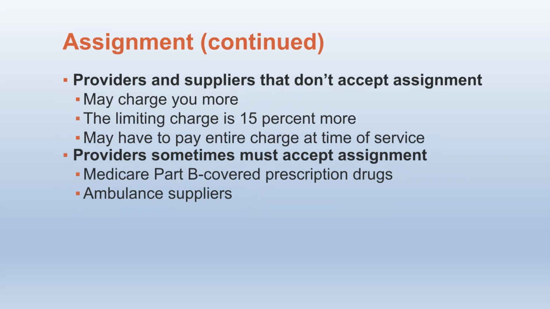Non-participating providers haven't signed an agreement to accept assignment for all Medicare covered services, but they can still choose to accept assignment for individual services. Here's what happens if your doctor, provider, or supplier does not accept assignment. You might have to pay the entire charge at the time of service.